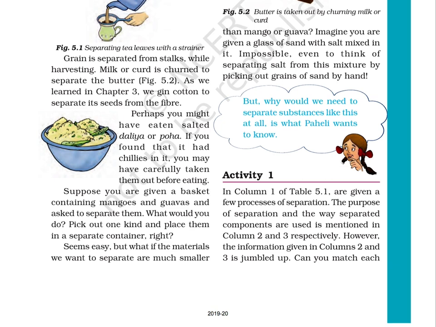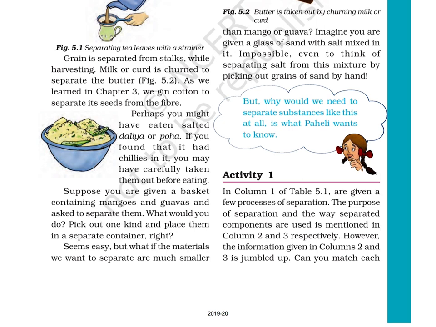Perhaps you might have eaten salted dalia or poha. If you found that it had chilies in it, you may have carefully taken them out before eating. Suppose you are given a basket containing mangoes and guavas and asked to separate them. What would you do? Pick out one kind and place them in a separate container, right?